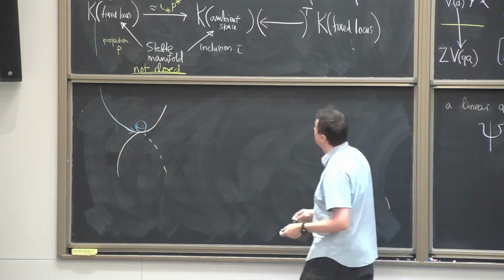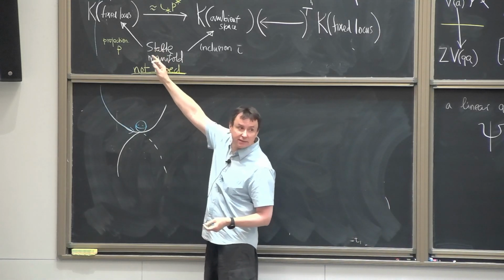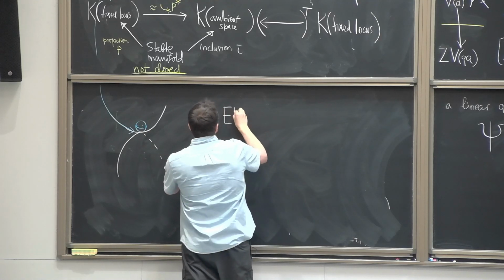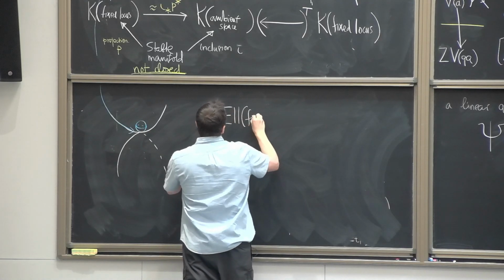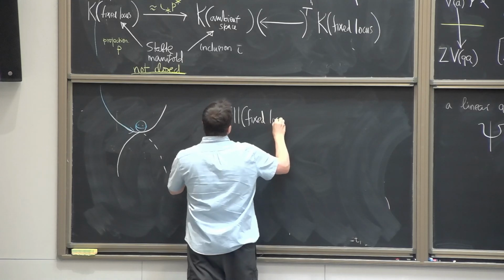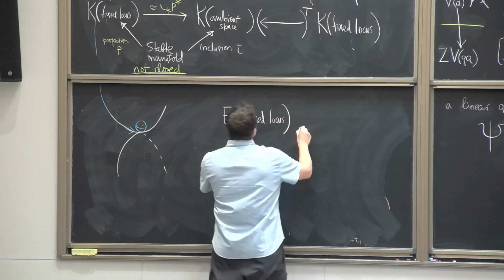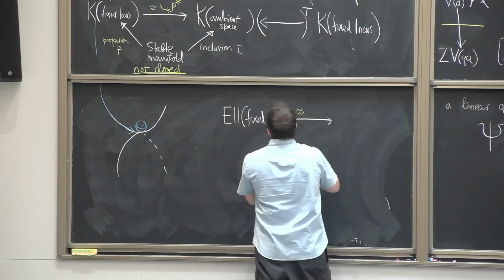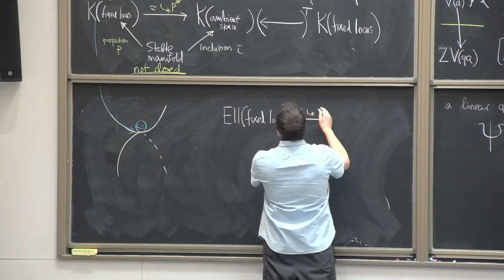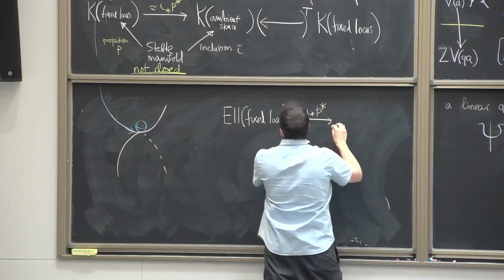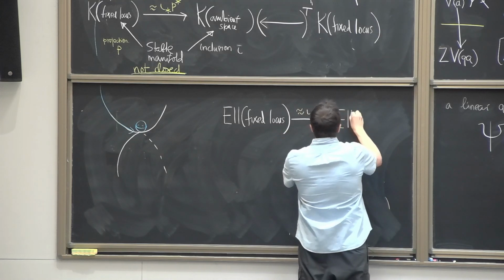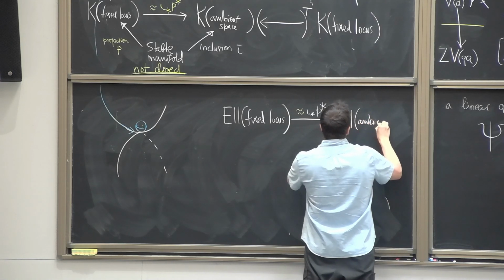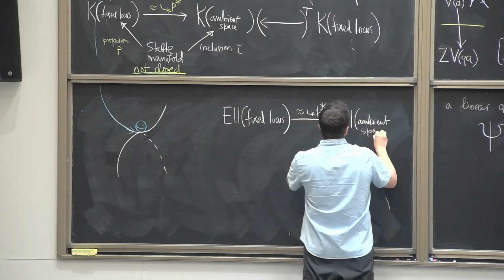Starting from the end, the exact same thing we can write in elliptic cohomology. So we can think of elliptic cohomology of the fixed locus, you want to start with, go to elliptic cohomology of the ambient space.